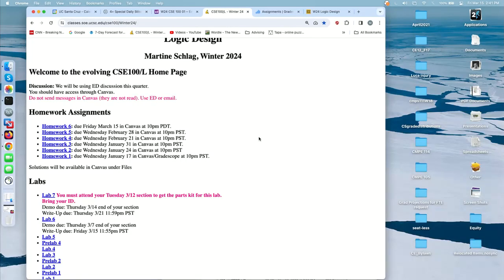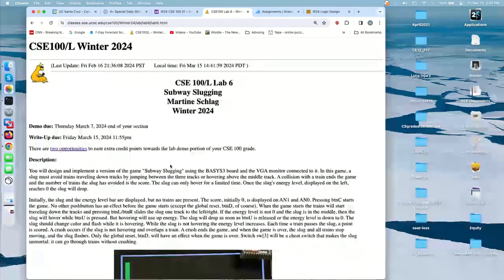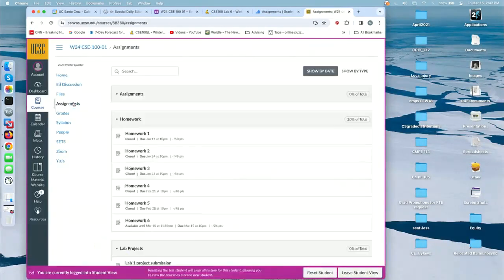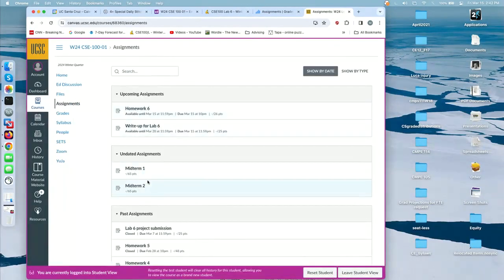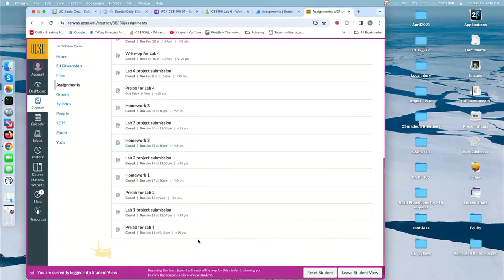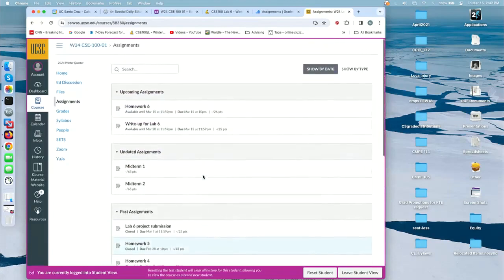The write-up for Lab 6 is due tonight, and it will close. Good question. We should be able to find that out from Canvas, right? It was up at the top. Oh, okay.